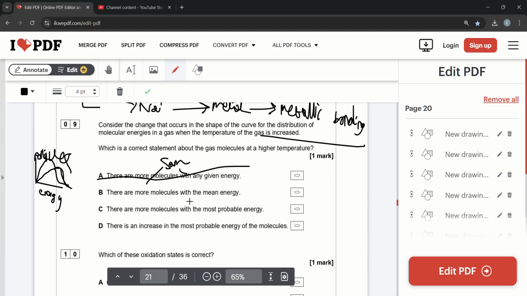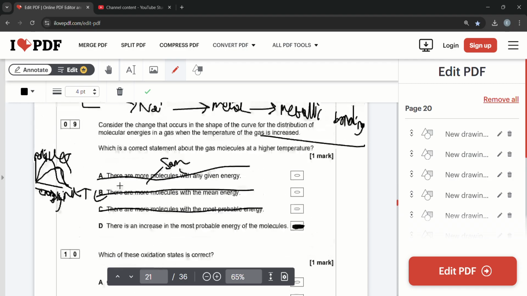So it's still the same molecules at any given energy. More molecules at any given energy, that's false. More molecules at most probable energy, no. Increase in the most probable energy of molecules, yes, because we're moving to the right, so we're going to have more kinetic energy, so the increase in the most probable energy of the molecules.